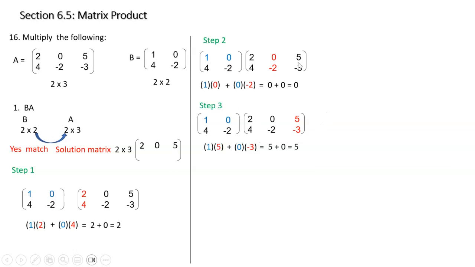Because if you notice, we're done with all the columns. So now we're going to do the second row times every column again from the beginning. So it'll be the second row times column number 1. It's going to be 4 times 2 plus negative 2 times 4. This will give us 8 minus 8, which is 0. So the 0 goes right there on the second row, first column.